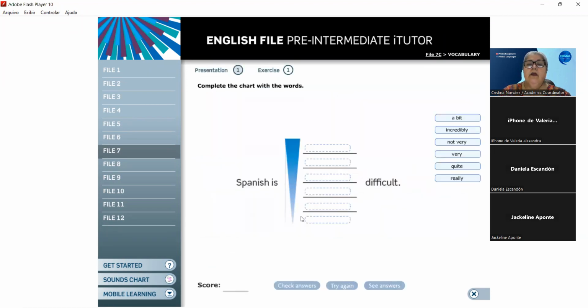Modifiers. I would like to remind you that this is British English. There is a little difference from American English, okay? So from the most to the least, which one comes first? A bit, incredibly, not very, very. Which one is the most?